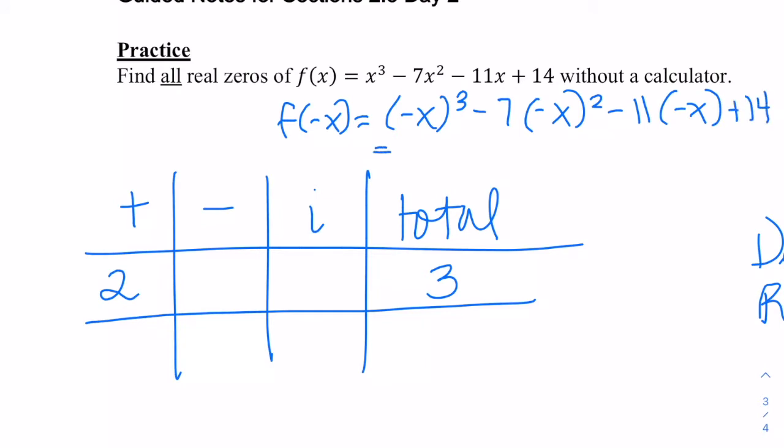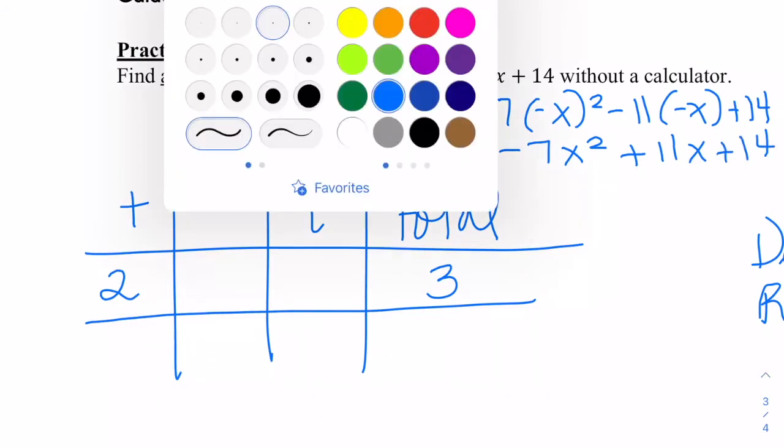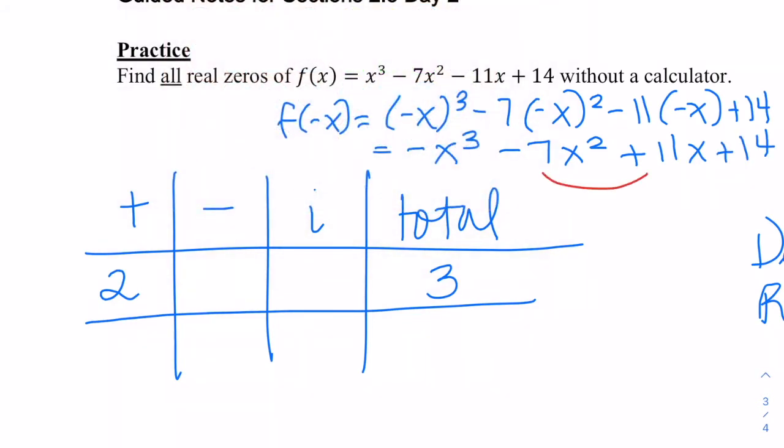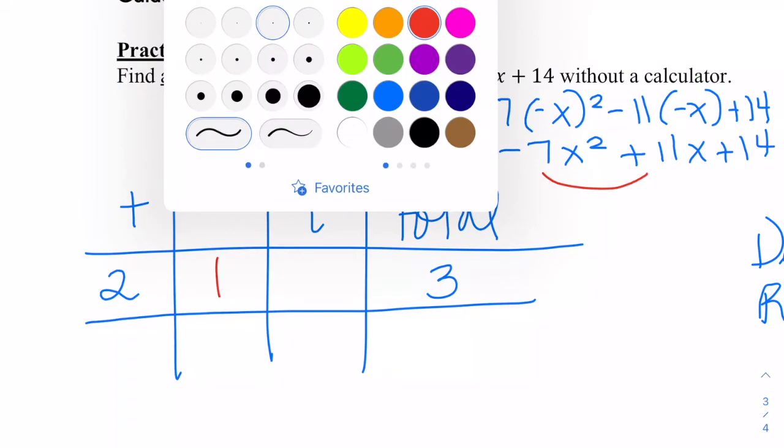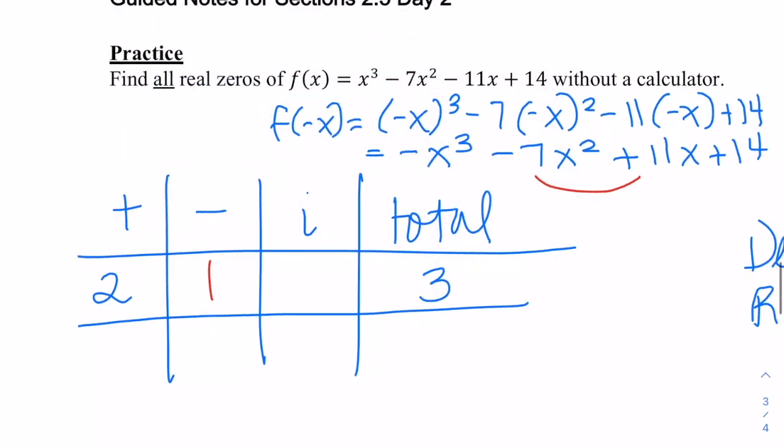We'll have -x cubed minus 7x squared plus 11x plus 14. You can see right here, from that -7 to the +11, there's 1 negative root. So if we have one negative root, two positives, we would have 0 imaginaries for that possibility.